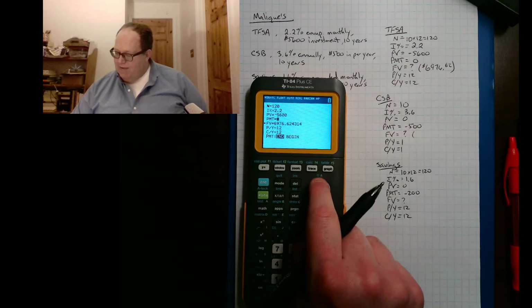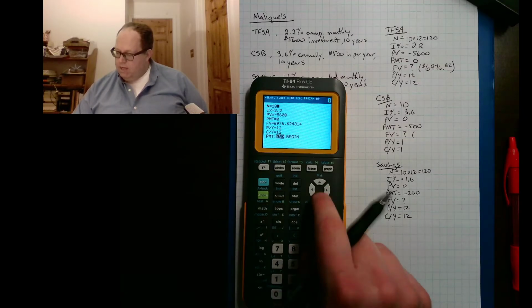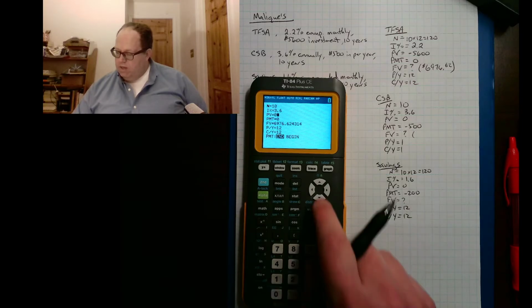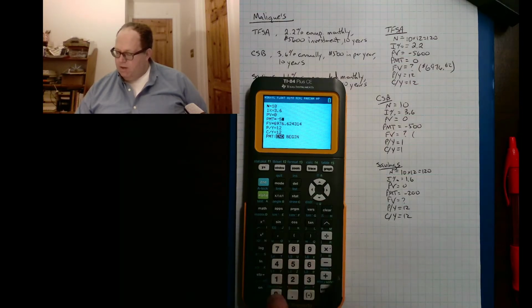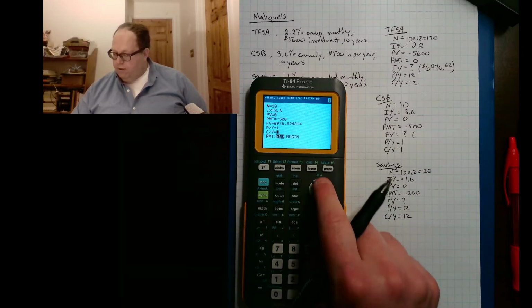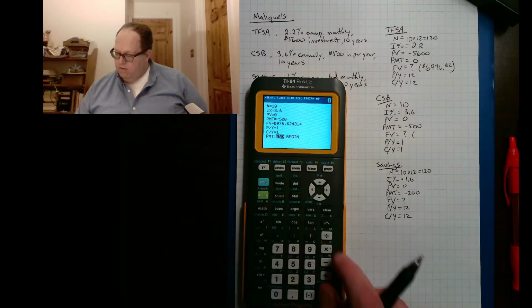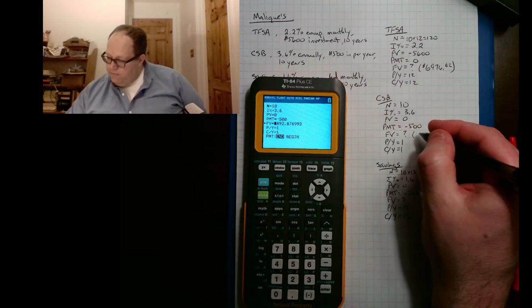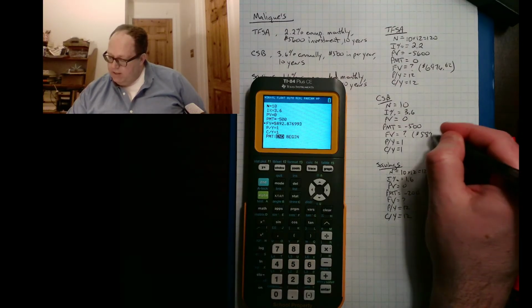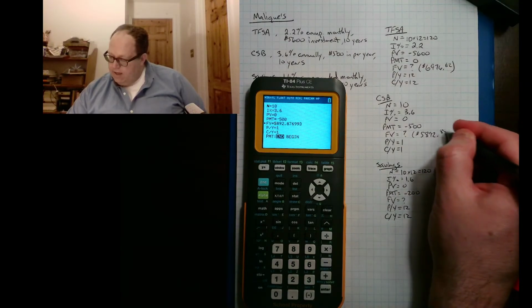The Canada Savings Bond, 10 periods, 3.6% return. No initial investment amount, but $500 put in every year. 1 period per year. Future value is $5,892.88.